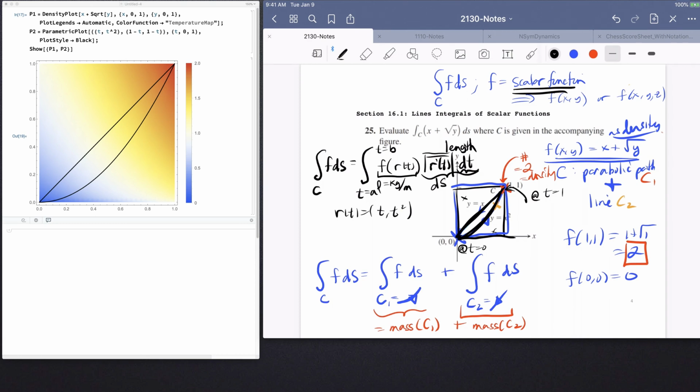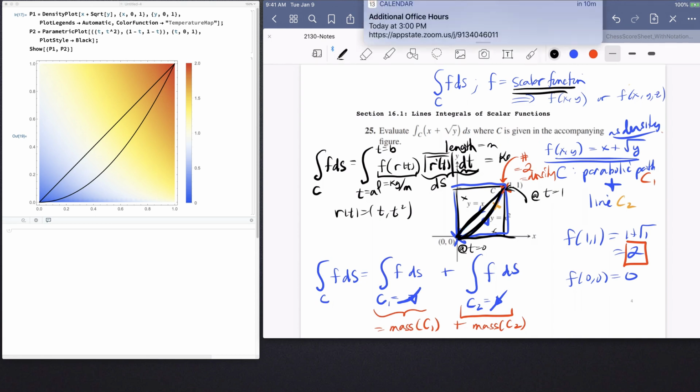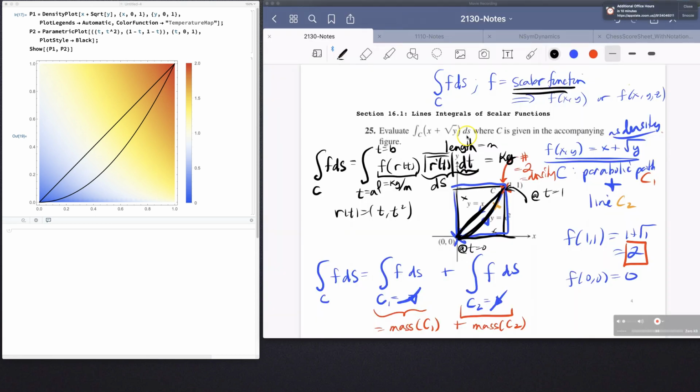So kilograms per meter times something in meters gives you the units of kilograms. That is the interpretation of these scalar line integrals. The next step is just to evaluate them, and then we will move on to other types of line integrals called line integrals of vector fields.